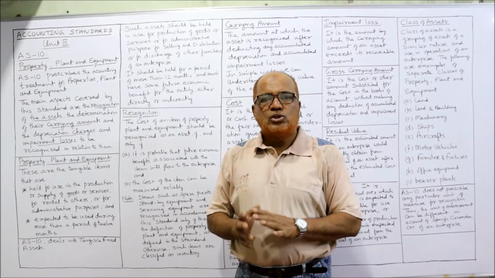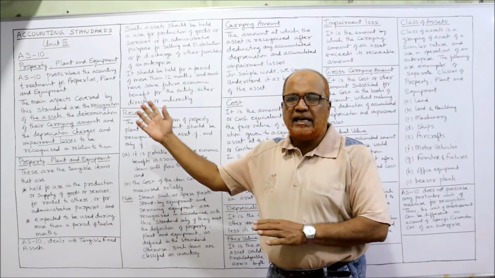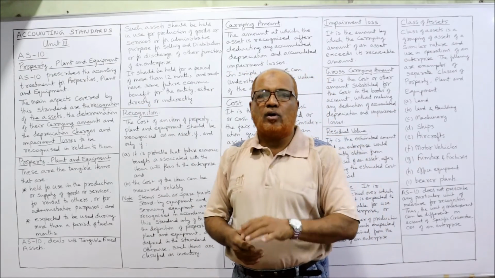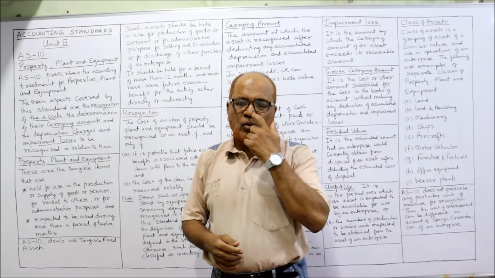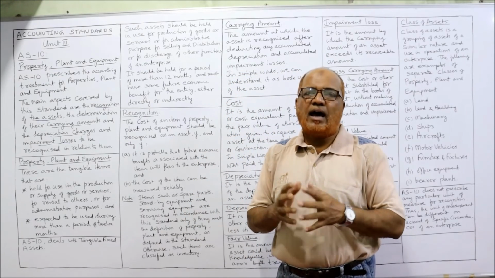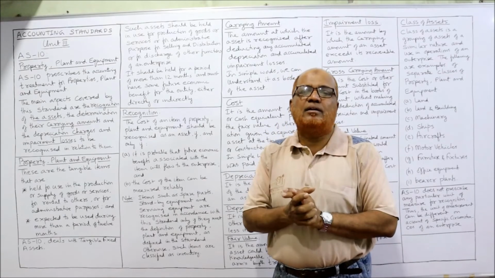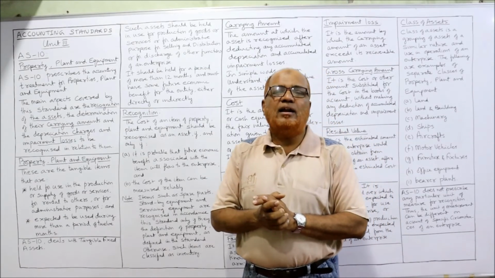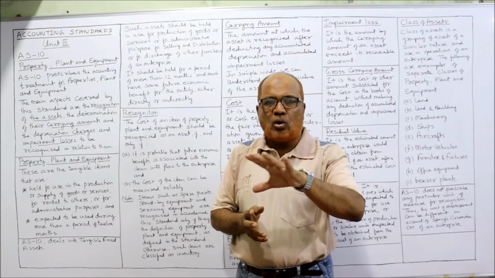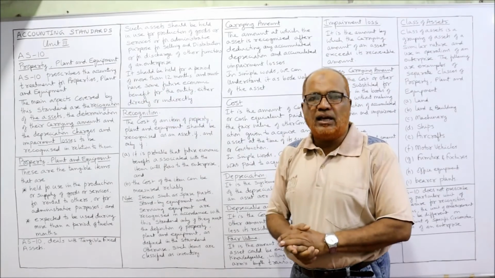That's all. So, in this video, I have explained what is AS10, accounting for property, plant and equipment. It is nothing but the recognition of the asset, calculating the carrying amount, calculating the depreciation, finding out the impairment loss. All these are covered. Accounting treatment of all these is covered in AS10.